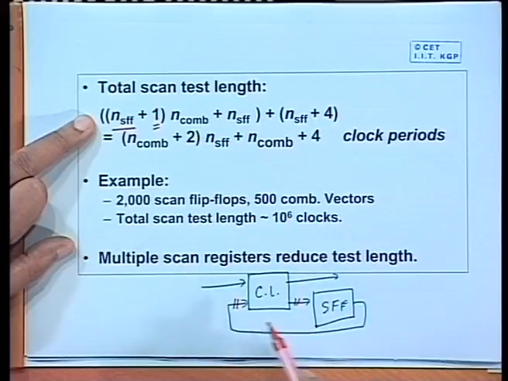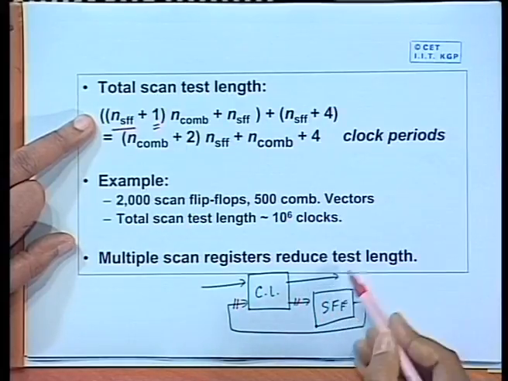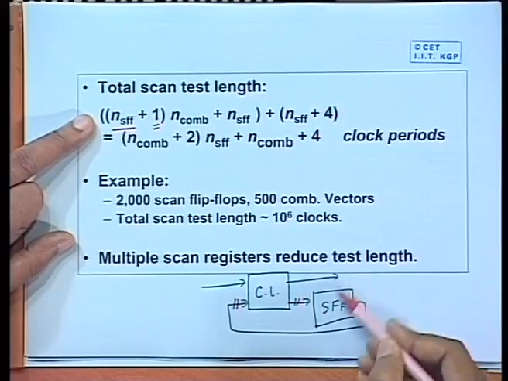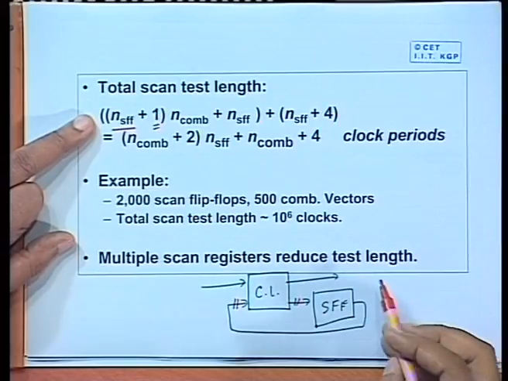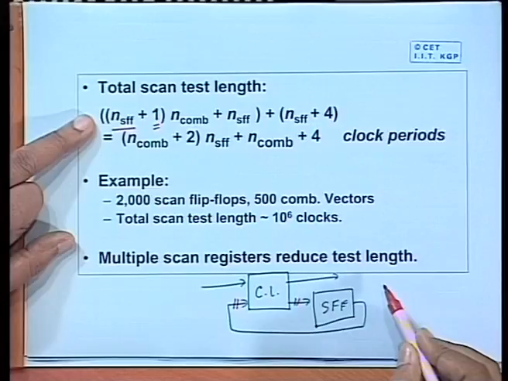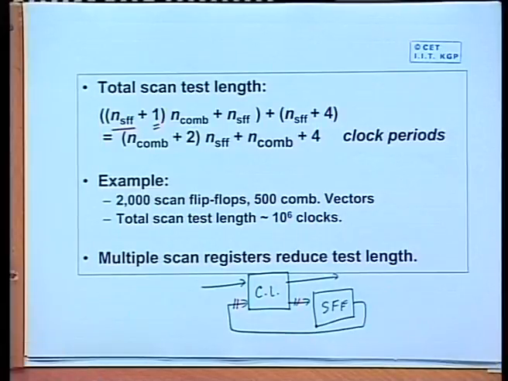And as you are feeding the data into the SFF, at the same time you can go on observing the data for the previous cycle. So, when you are feeding data for the present test vector, you can also observe the response that was generated from the previous test vector altogether.